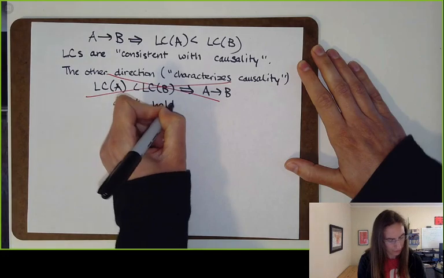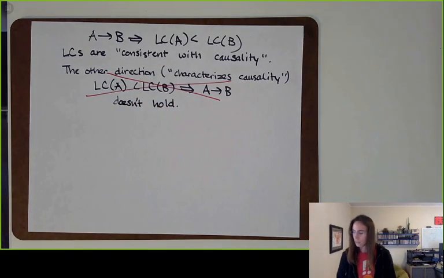So it sure would be nice if we had some kind of logical clock that did exactly characterize causality, that did characterize the happens before relationship.